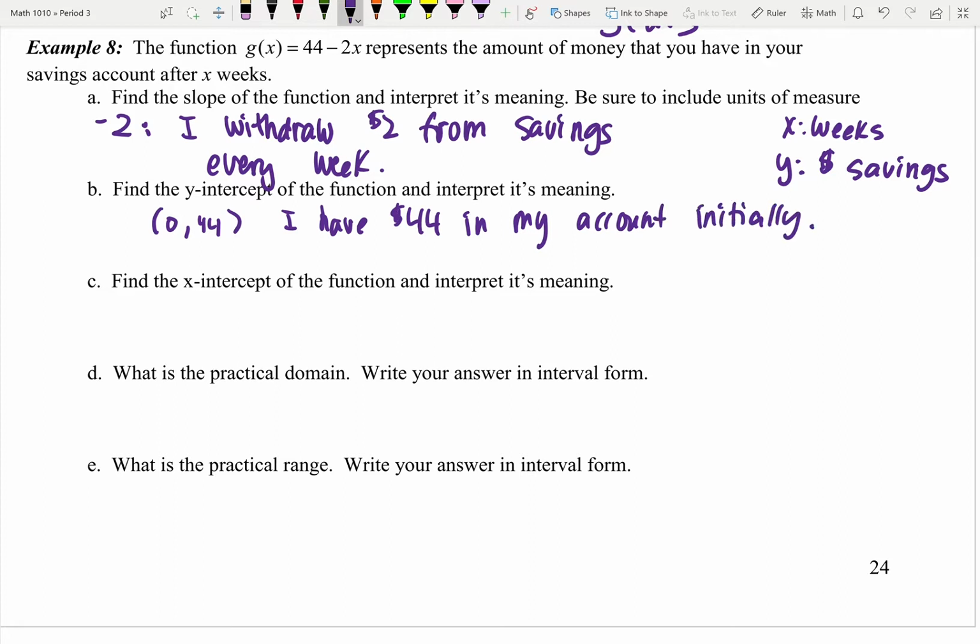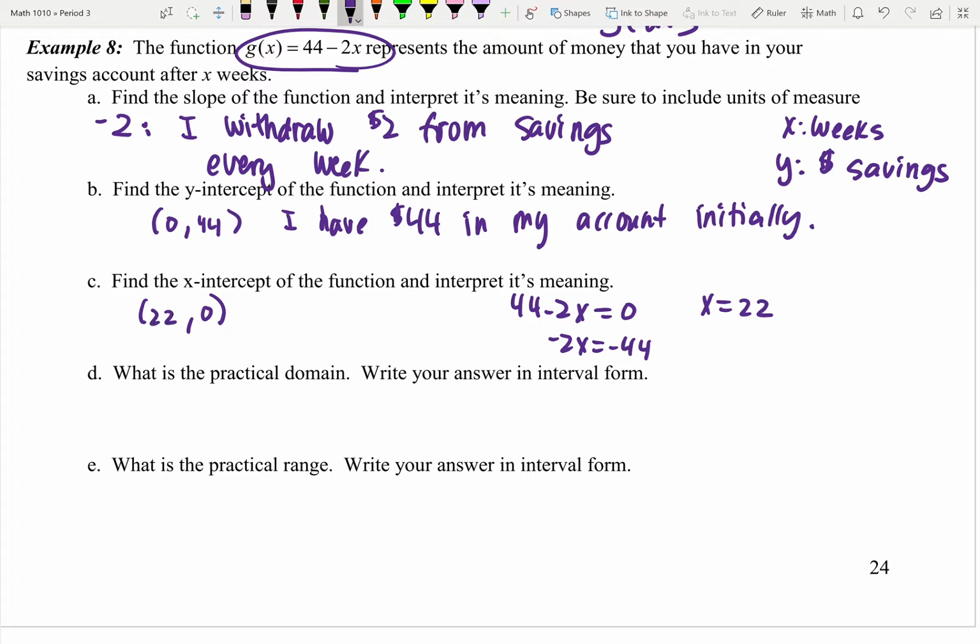Okay, find the x-intercept. You guys, to find the x-intercept, you let y be a 0. So go into that equation and let y be a 0. So go 44 minus 2x equals 0. 44 comes over and becomes a negative. Negative 2x equals negative 44. That gives you x equals 22.